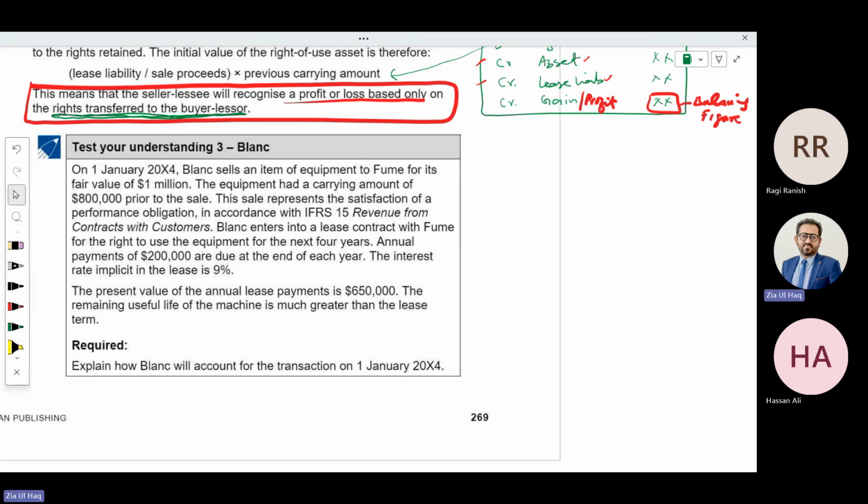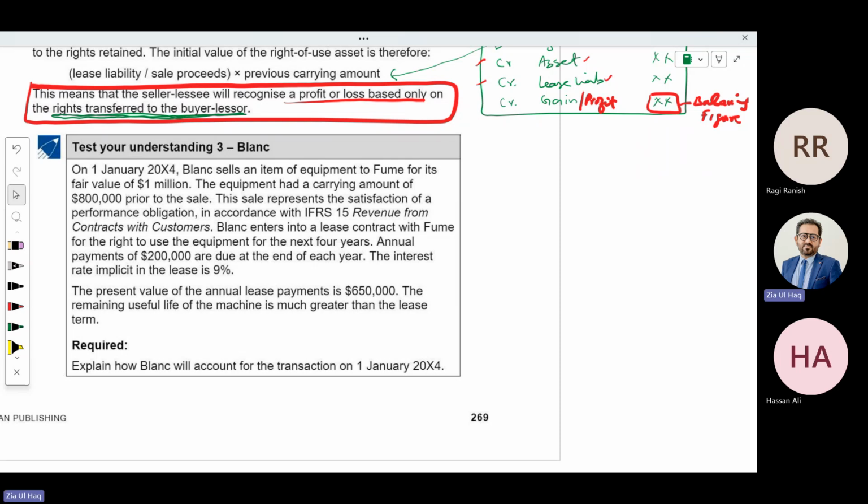This means this is the sale proceeds. Fair value or the sale proceeds mean the same, 1 million. The equipment had a carrying amount of 800,000 prior to the sale.